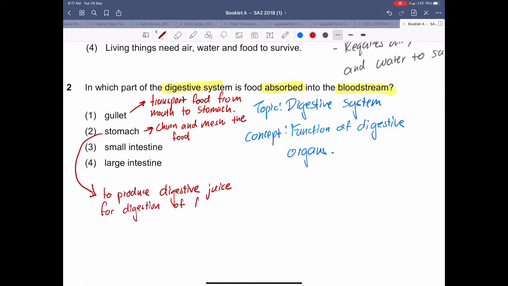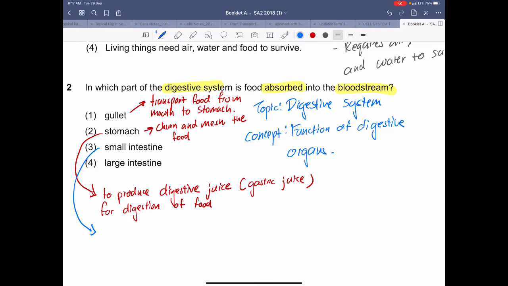Now, the digestive juice in this case has a special name, called gastric juice. Okay, additional info, you don't really have to know. And then after that, your small intestine, I'm going to bring it down here. Okay, it has 2 functions also.